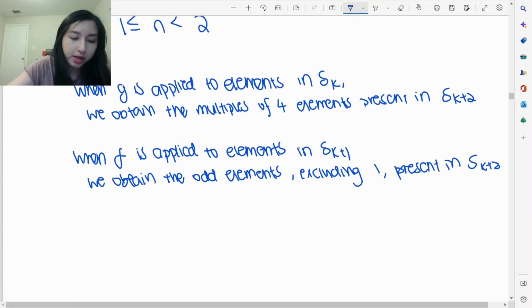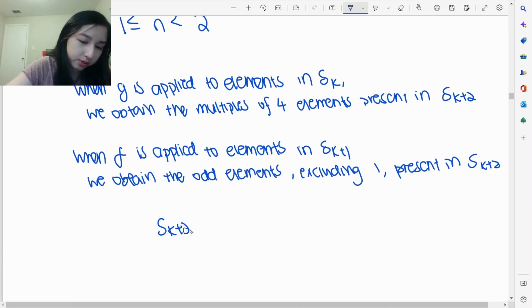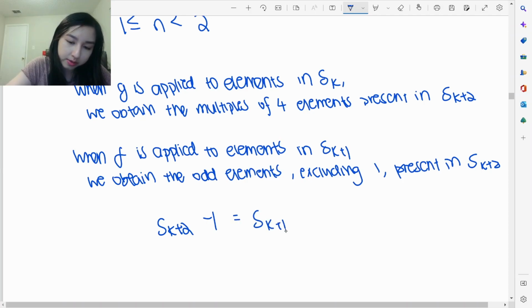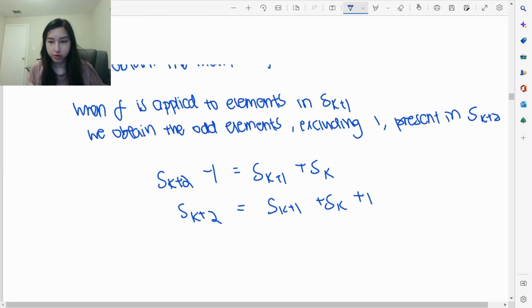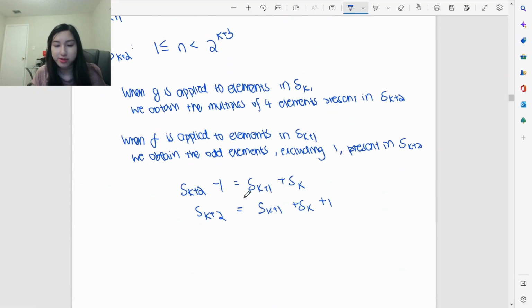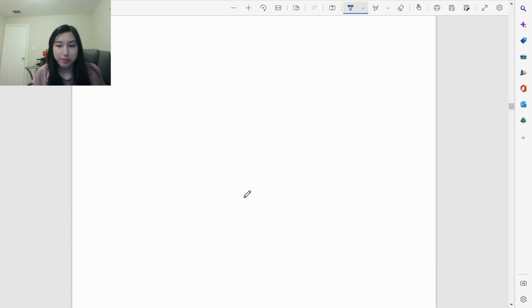So that's why SK plus 2 minus 1, because it's missing an element, will equal to SK plus 1 plus SK. And hence SK plus 2 must equal to SK plus 1 plus SK plus 1. I think that's how we proved. Alright, the proving part was annoying, though, I will admit that.